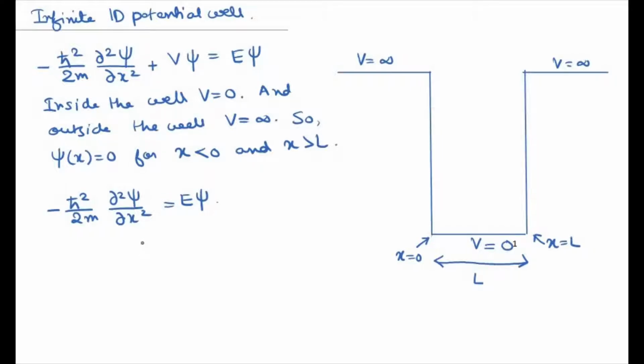And as we can understand, this equation can have the solution psi(x) equals a cos x plus b sin x, because sine and cosine are the only functions which return with a negative sign when we double differentiate them. Not x, but we'll actually write it as kx.